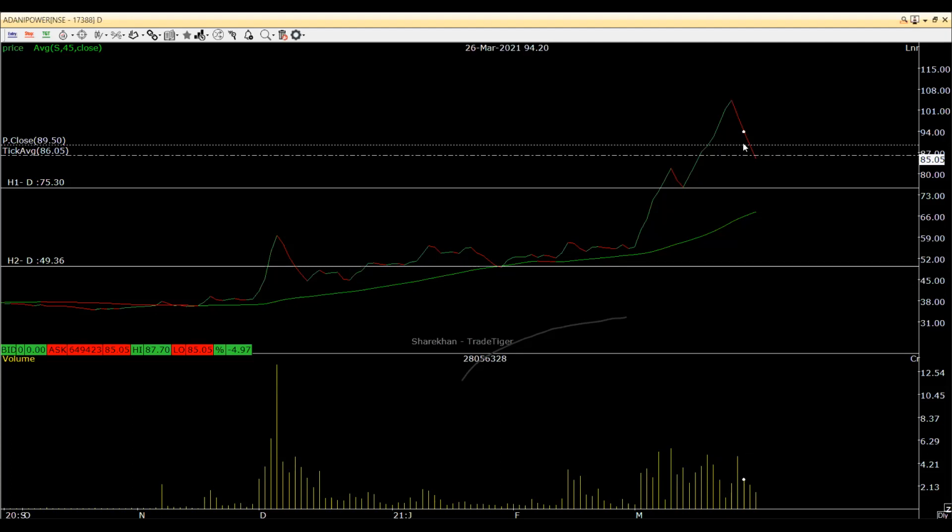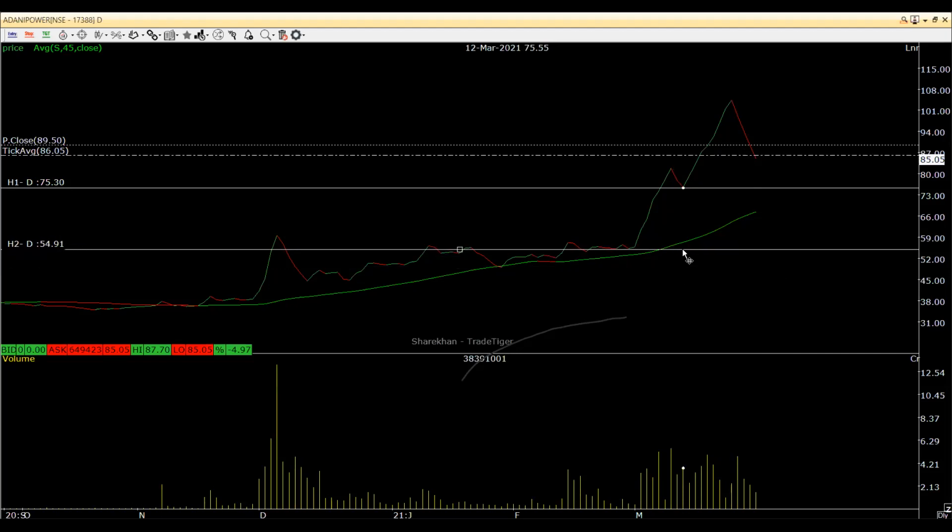So if there is a sustained fall, for example, this is going to come all the way back to here. That is almost guaranteed. It will come down to here.